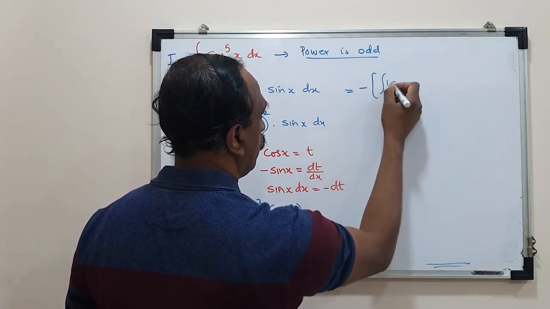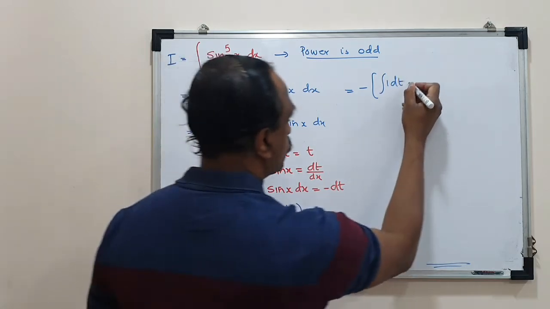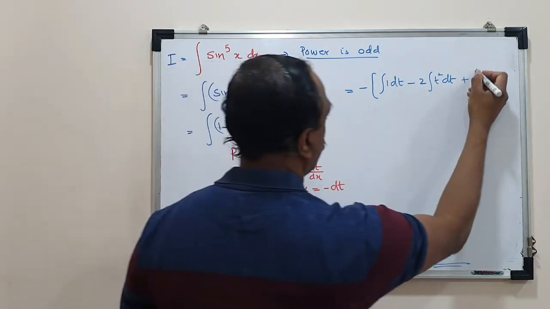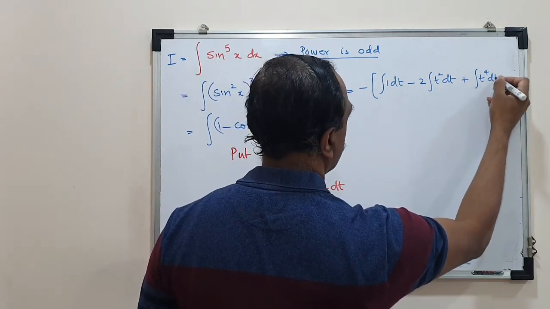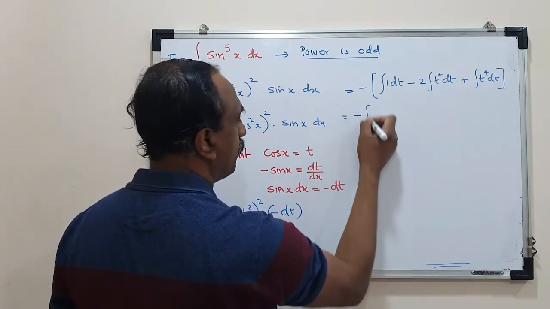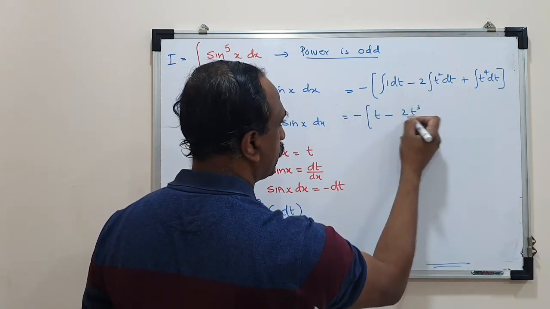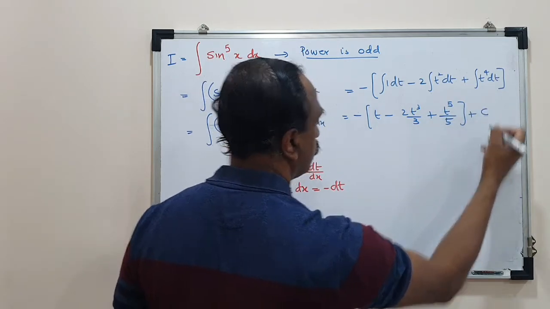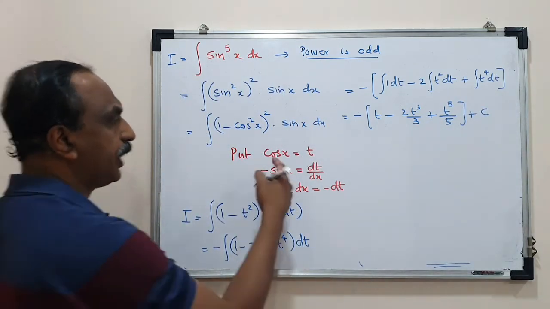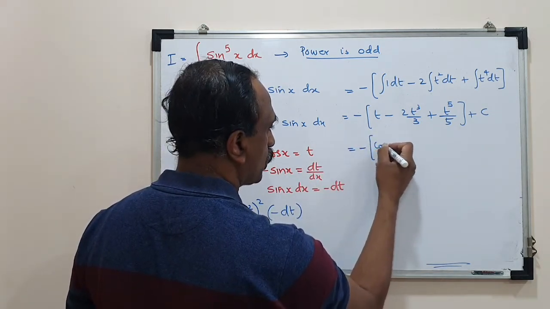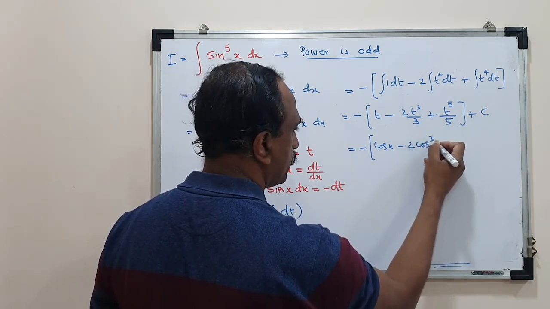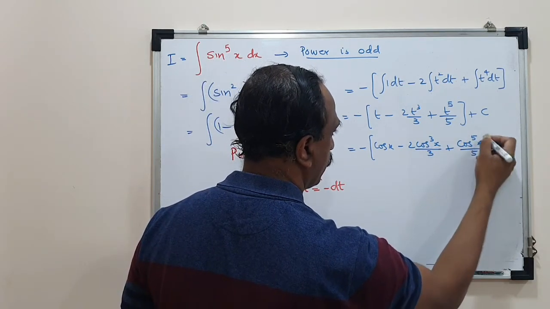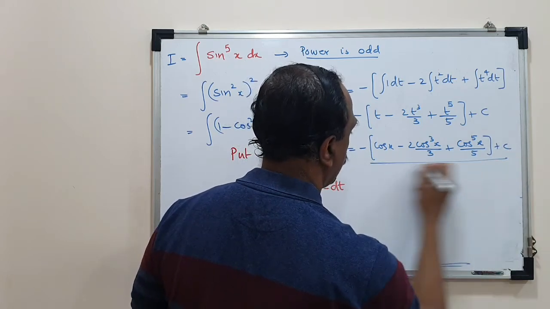Minus integral 1 dt minus 2 integral t square dt plus integral t raised to 4 dt. When you integrate this: minus t minus 2t cube by 3 plus t raised to 5 by 5 plus c. Now wherever t is there, you can replace it by cos x. So cos x minus 2 cos cube x upon 3 plus cos raised to 5 x upon 5 plus c. This becomes your final answer.